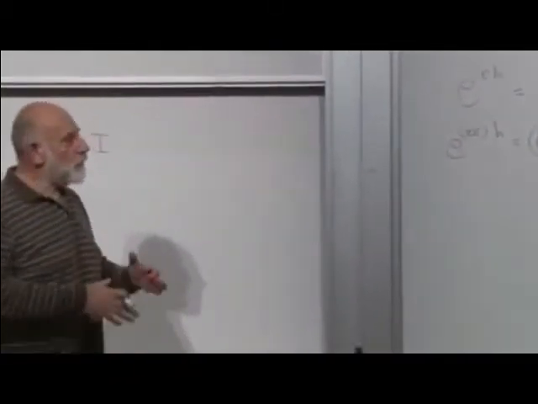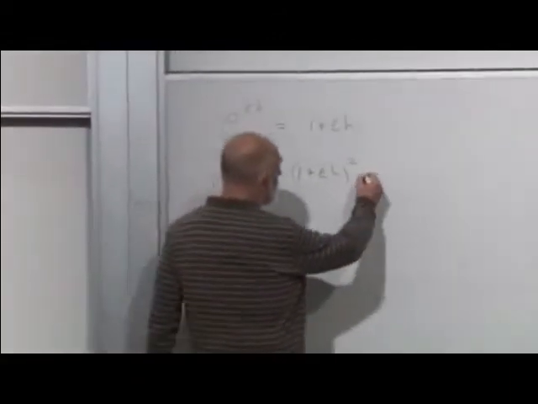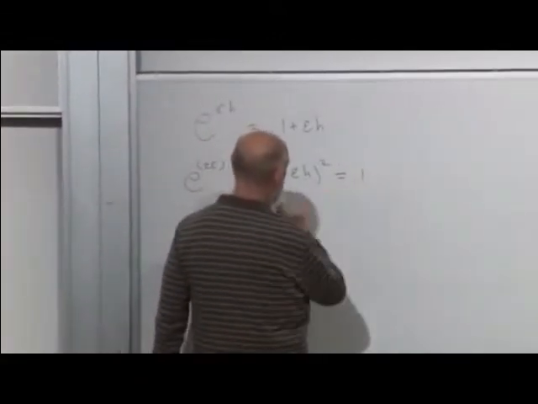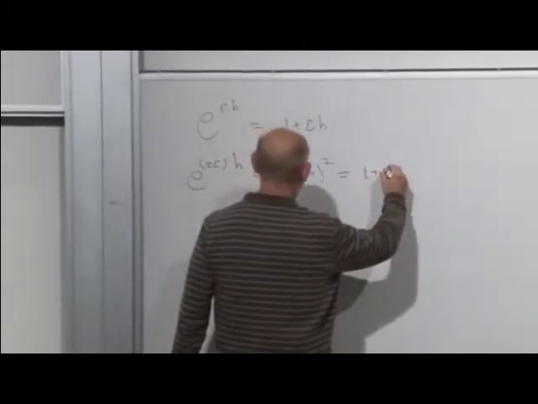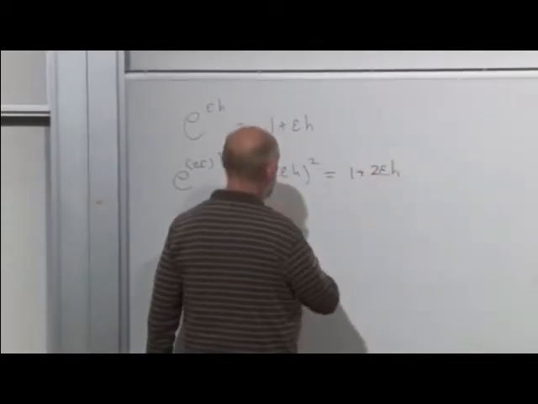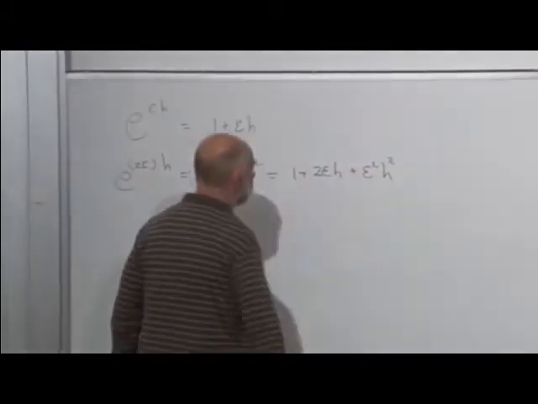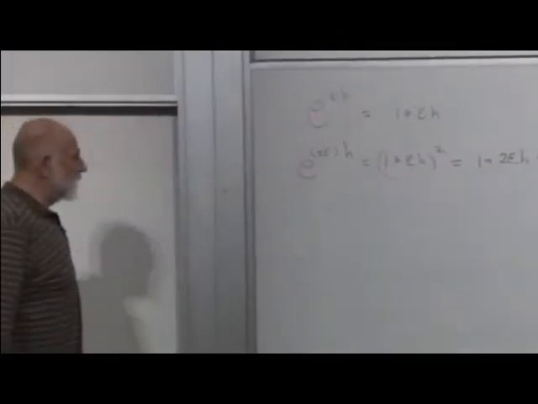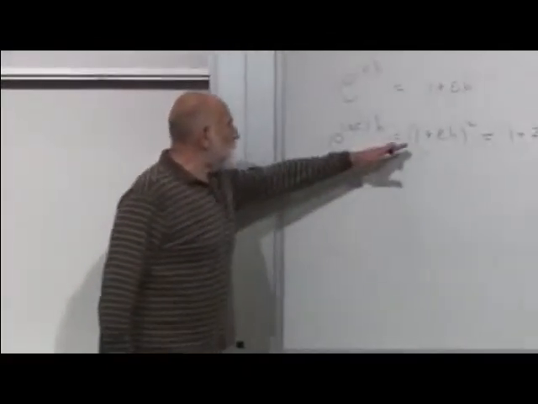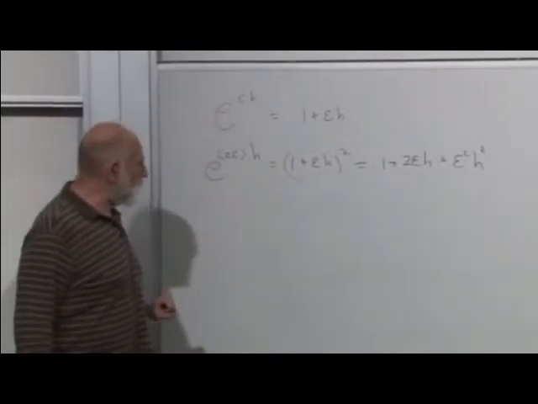Supposing you do this over and over and over, which incidentally is equal to 1 plus 2 epsilon h plus epsilon squared h squared. But this is still an approximation. This was an approximation to this. This is still an approximation to this.